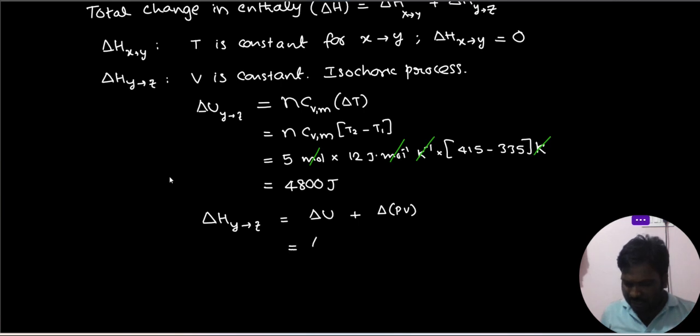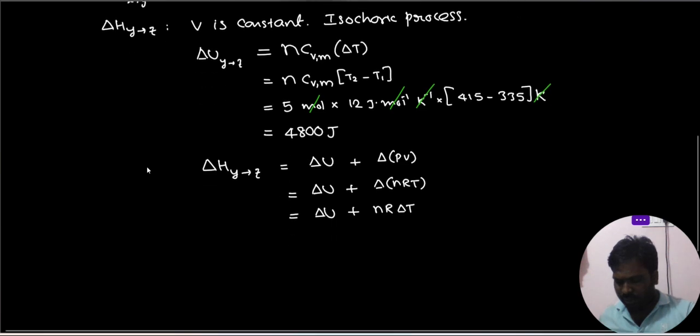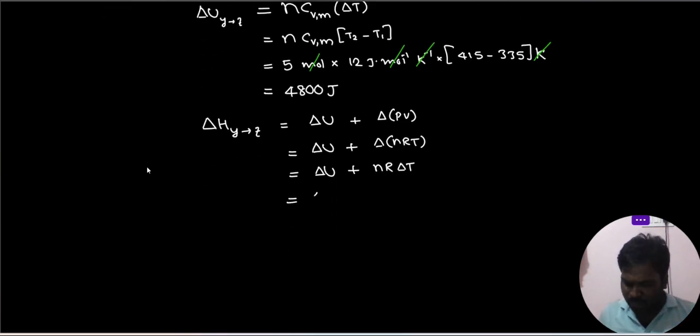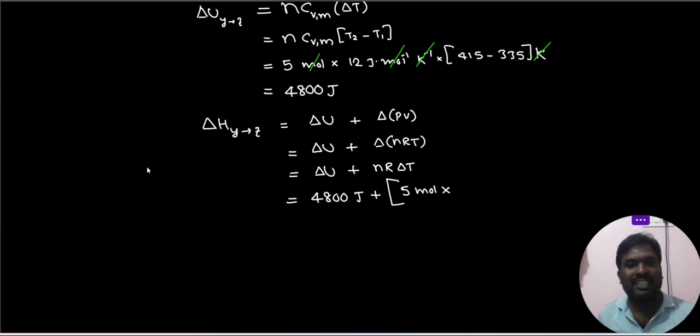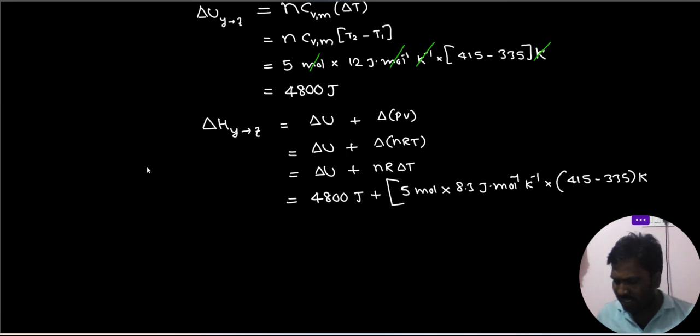Delta PV is delta nRT, so delta H equals delta U plus n R delta T. Delta U is 4800 joule plus n, again 5 mole, and the molar gas constant 8.3 joule per mole per Kelvin, into the temperature difference 415 minus 335 Kelvin.